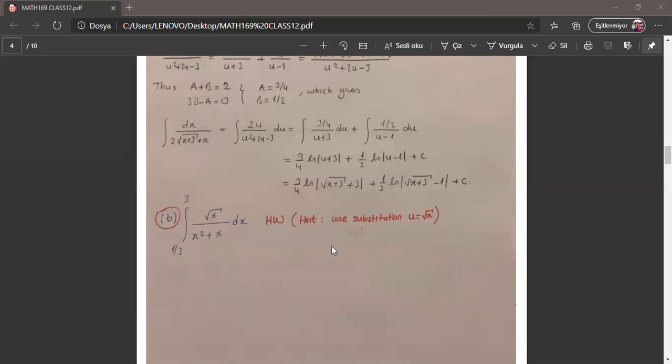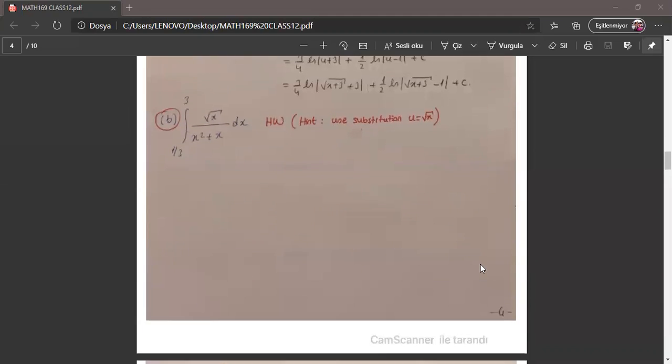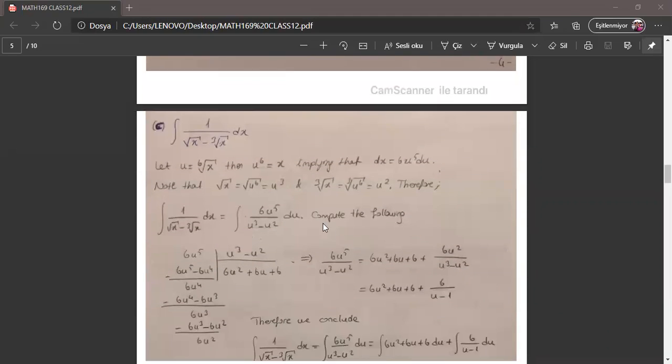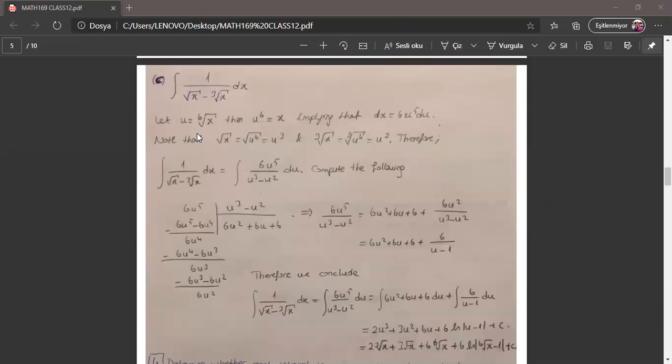And this is also homework. Now we're given this one. We will use this substitution, okay? So it gives us u to the 6 equals x, and differentiate it and get this one. And the square root of x is, so here we use this equality, u to the 6 to the power 1 over 2, so we get u to the 3.